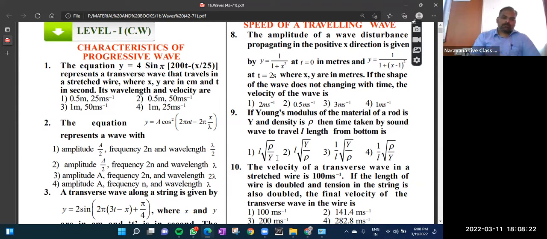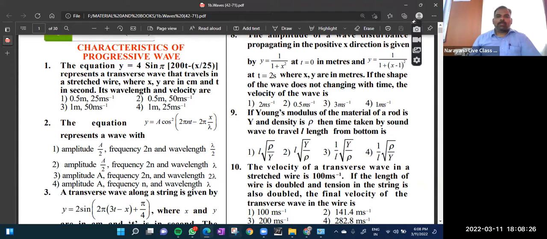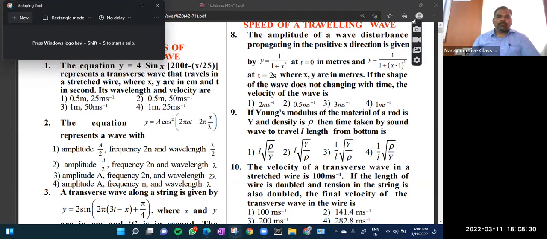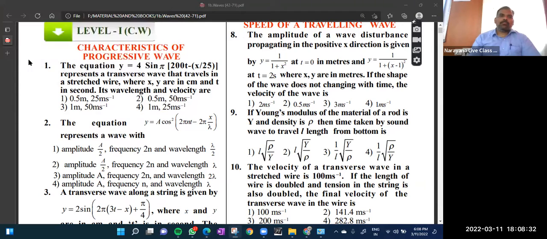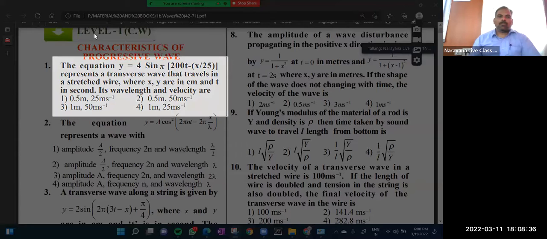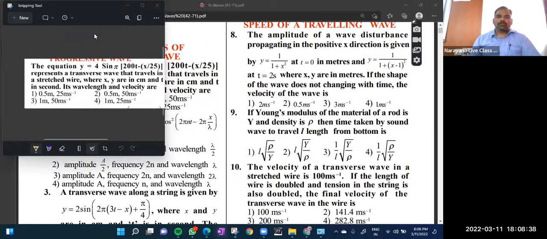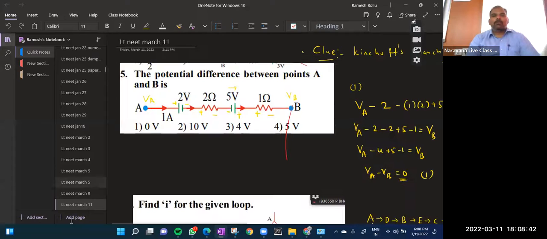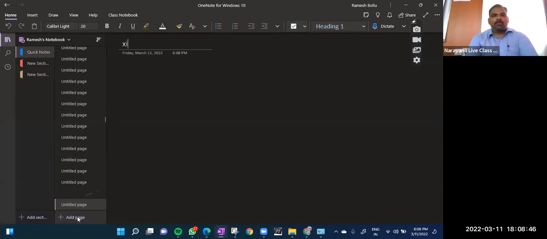Progressive wave and transverse wave are same, sir. Meaning same. Transverse waves are progressive waves. Progressive means which are going forward. Do it on paper or tell. Don't guess. No issue.